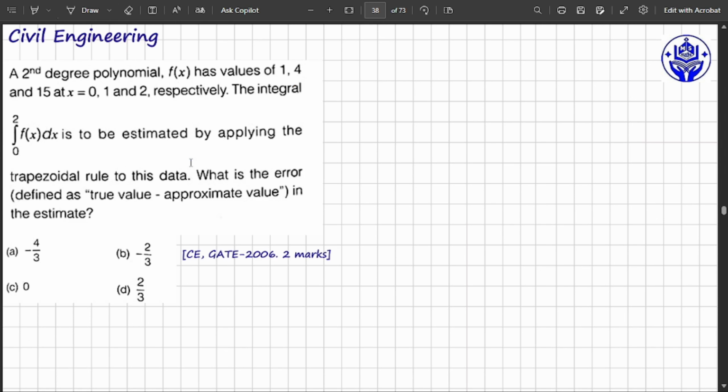Okay, let's start with the next question. A second degree polynomial f of x has values 1, 4 and 15 at x equals 0, 1 and 2. It means at x equals 0, f of x is 1, at 1 it is 4, at 2 it is 15.